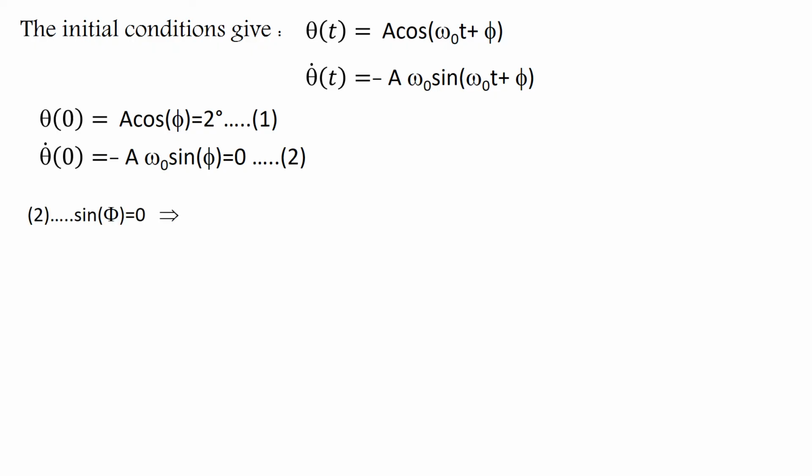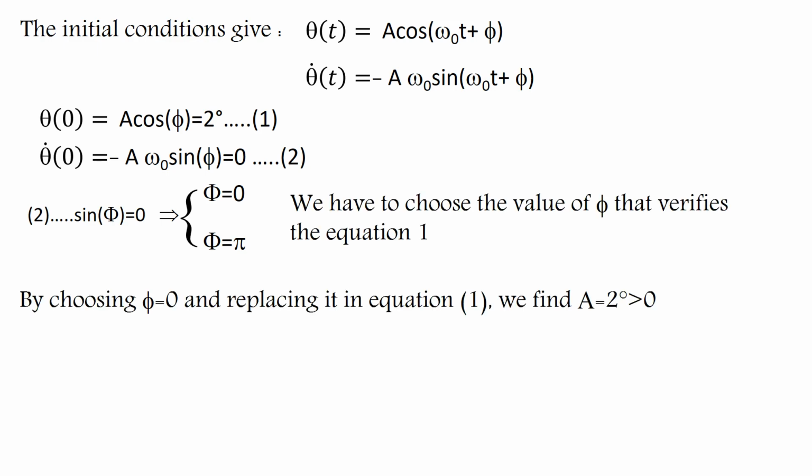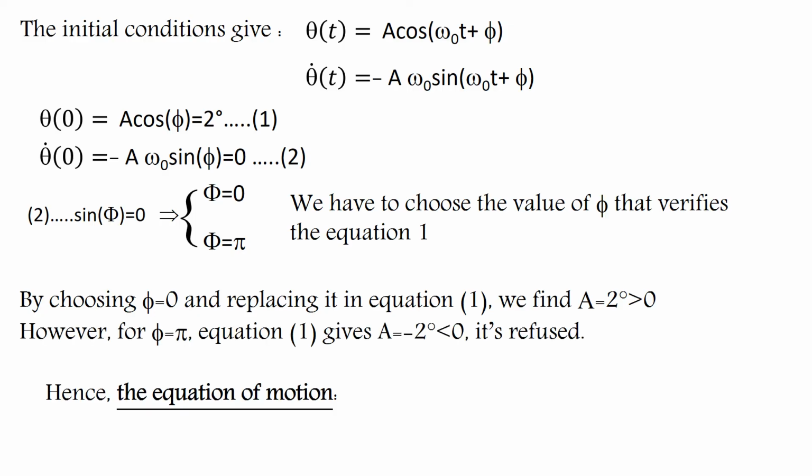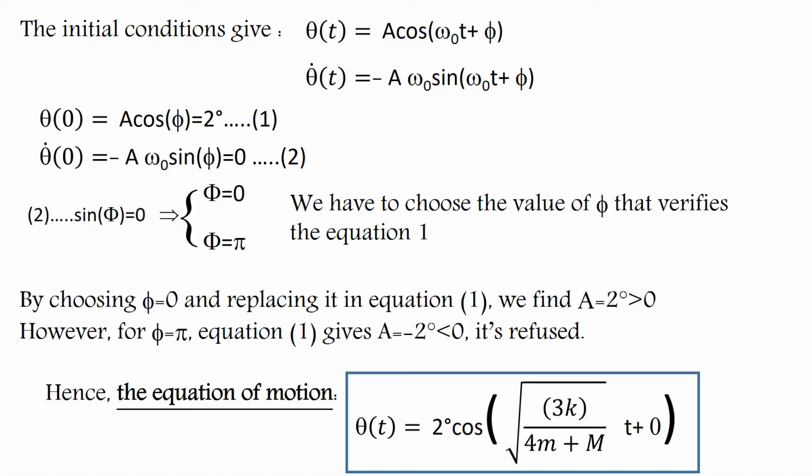You see that in the second we can get phi equals 0 or pi, and we have to choose one of them. We choose the one that verifies equation 1, and here it's phi equals 0 that verifies equation 1, because A must always be positive. By replacing in our equation we get this equation, and it's the equation of motion.